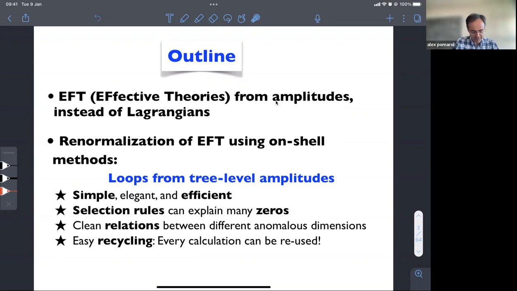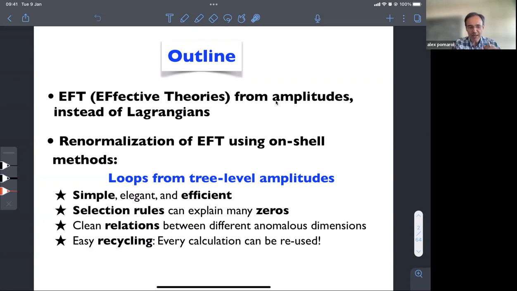My point here is to show that this is simple, elegant, efficient, and most importantly, you get so many selection rules telling you there are many zeros that you don't see from Feynman diagrams. You also see clean relations when you calculate the one-loop correction from tree-level amplitudes. And the main thing about amplitudes is that nothing is a wasted calculation; you always recycle.